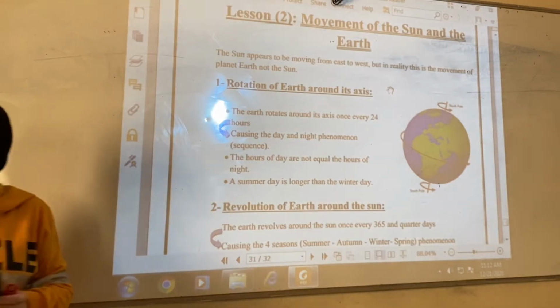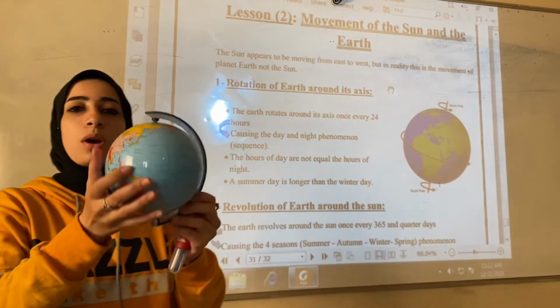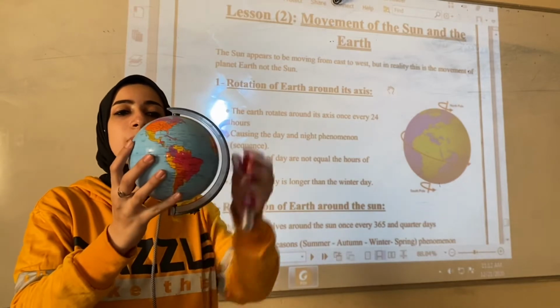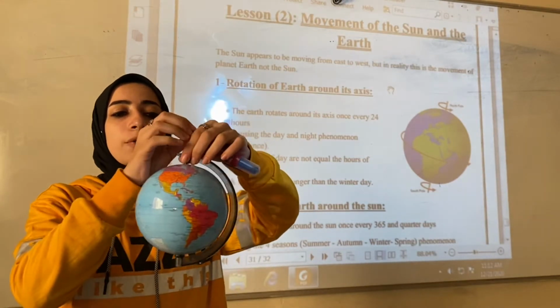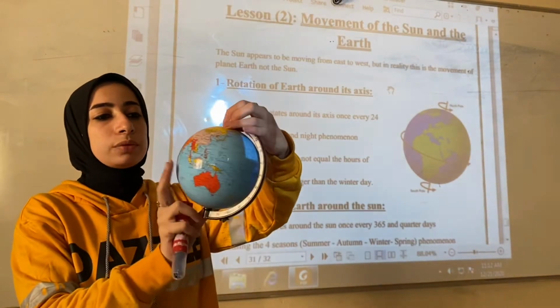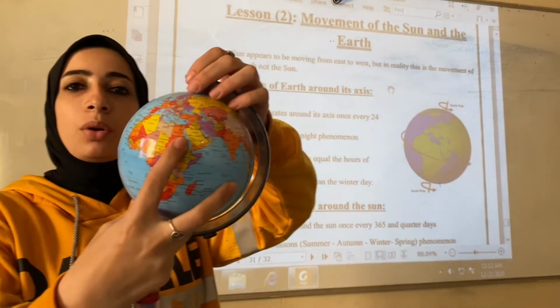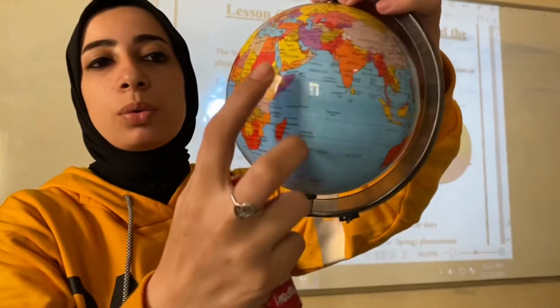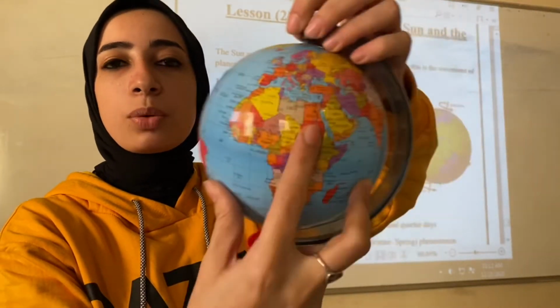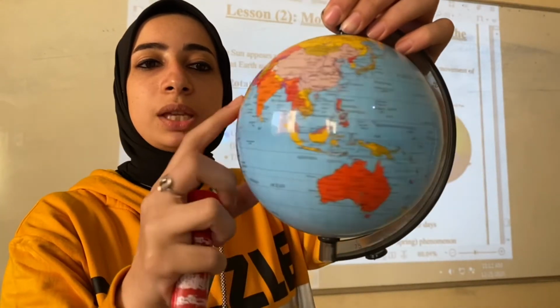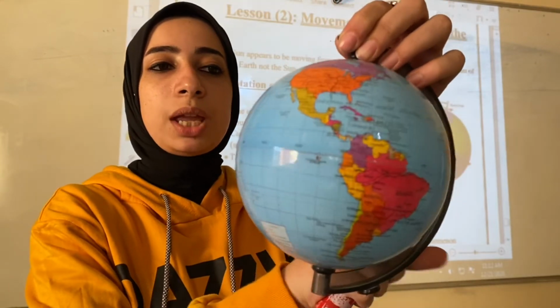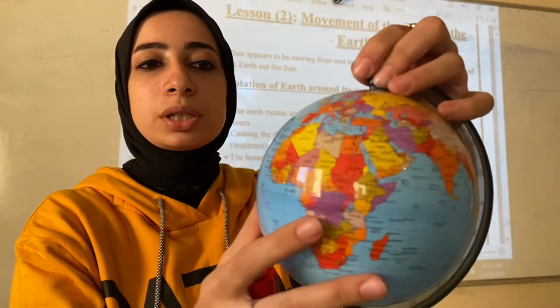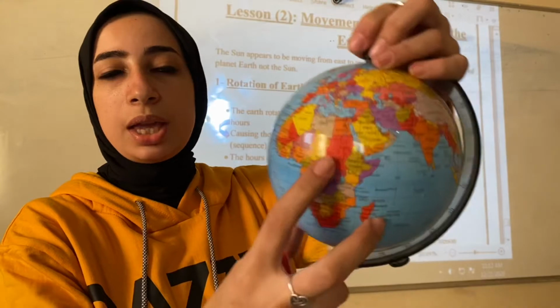How long does the Earth take to make one complete rotation? What's meant by one complete rotation? For example, here we live in Egypt, okay, and Egypt in front of the camera, okay? So, what's meant by one complete rotation? This means that the Earth will rotate and come again to the first position again, okay, here.